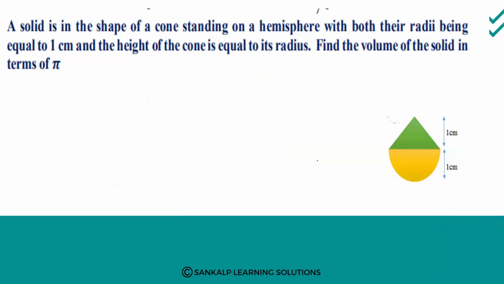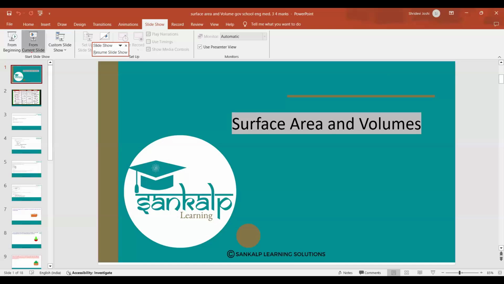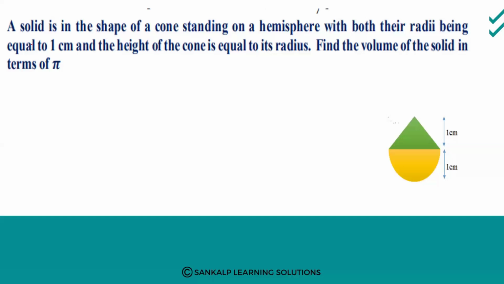Next, a solid is in the shape of a cone standing on a hemisphere, with both the radii being equal to 1 centimeter, and the height of the cone is equal to its radius.